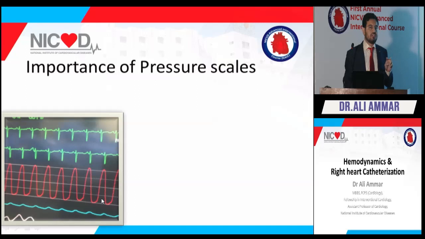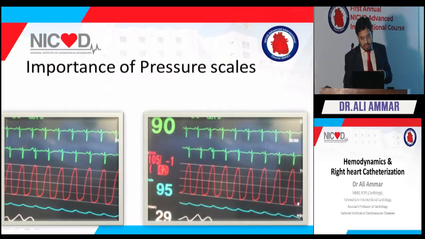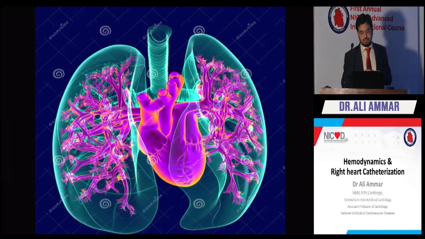So it is very important to know what the pressure scale is, where the catheter is, because after seeing the complete picture, we are seeing that the pressures are 105. Can it be of RV or can it be of LV? It can be both. So what we should know is where the catheter is, is it inside LV or is it inside RV?